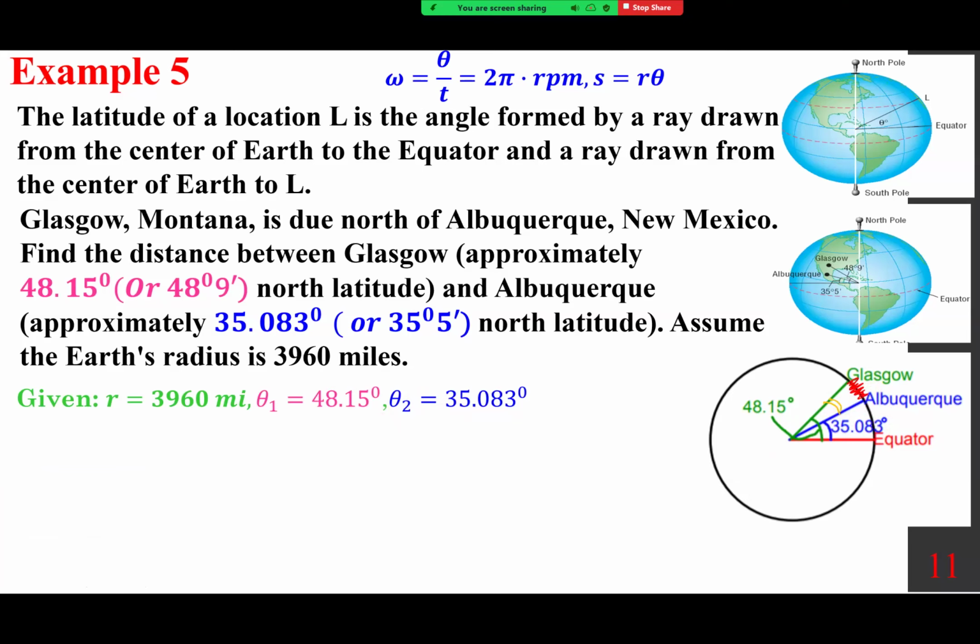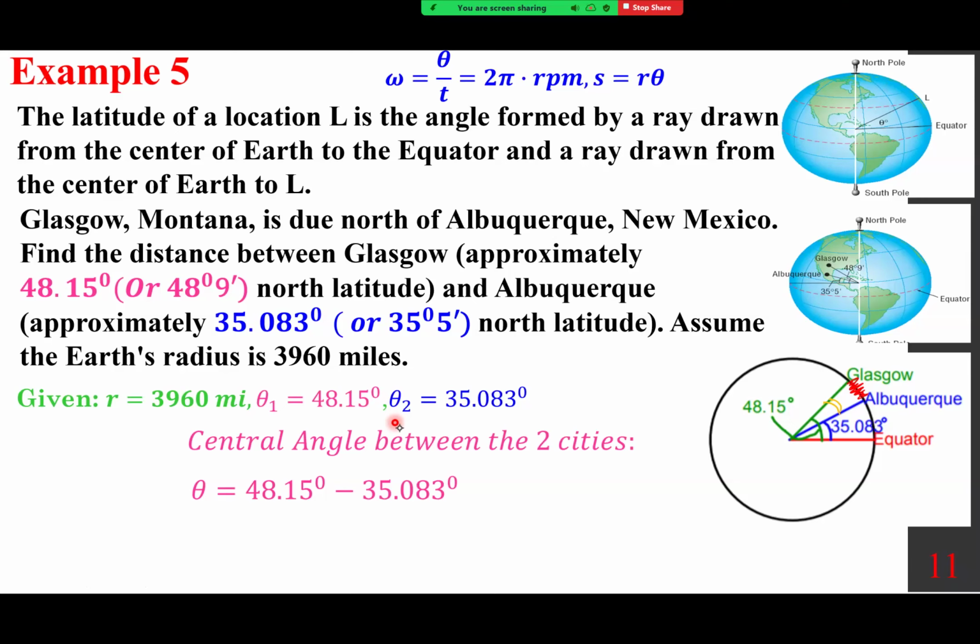This angle is the difference between the two: 48.15 minus 35.083. That's the angle.